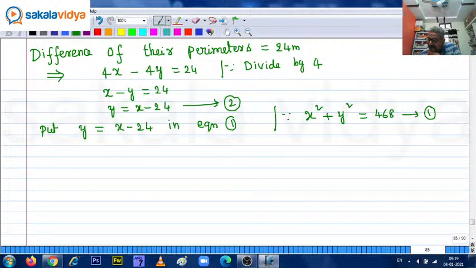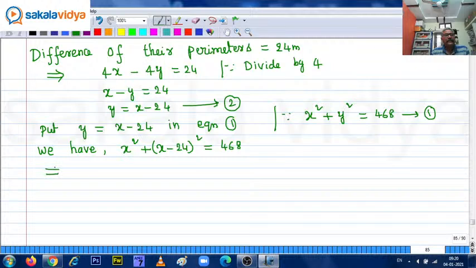In any case, the sides of the squares are 12 meters and 18 meters. Okay, very good. Now let us substitute this here: x square plus x minus 24 whole square equals 468.